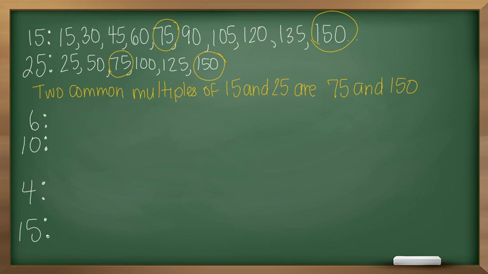Next, we're going to do the same thing for 6 and 10. So we're just going to list out the multiples of 6, just like we did before. We have 6, 12, 18, 24, 30, 36, etc. And the multiples of 10, which would be 10, 20, 30, 40, 50.